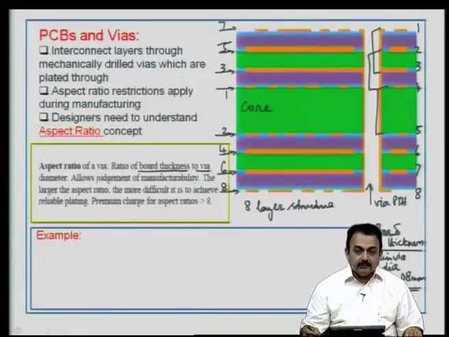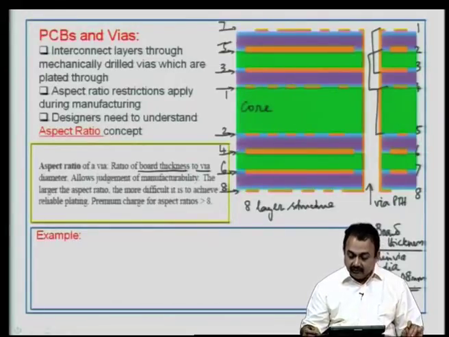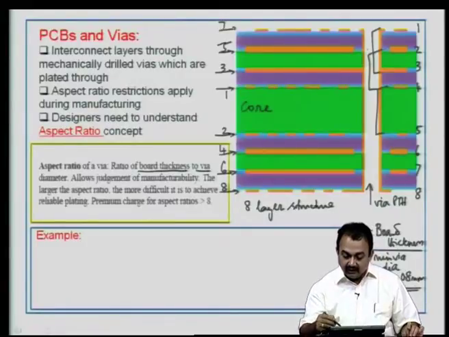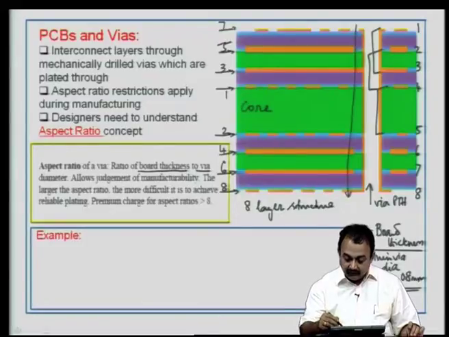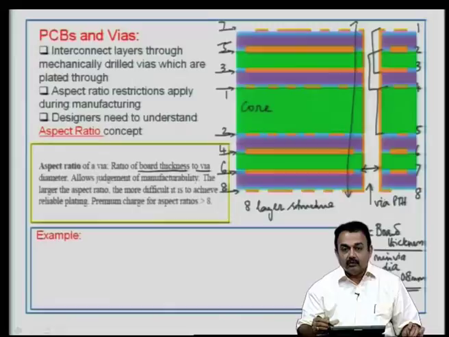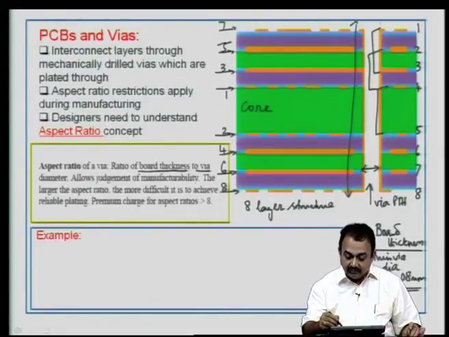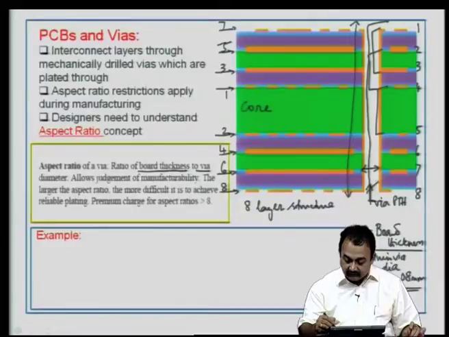The larger the aspect ratio, the more difficult it is to achieve reliable plating. That means, if you look at a structure like this and if the thickness of the board is very large, and then if you have a very small diameter of the hole, the plating process has a requirement that it wets the entire hole wall surface.